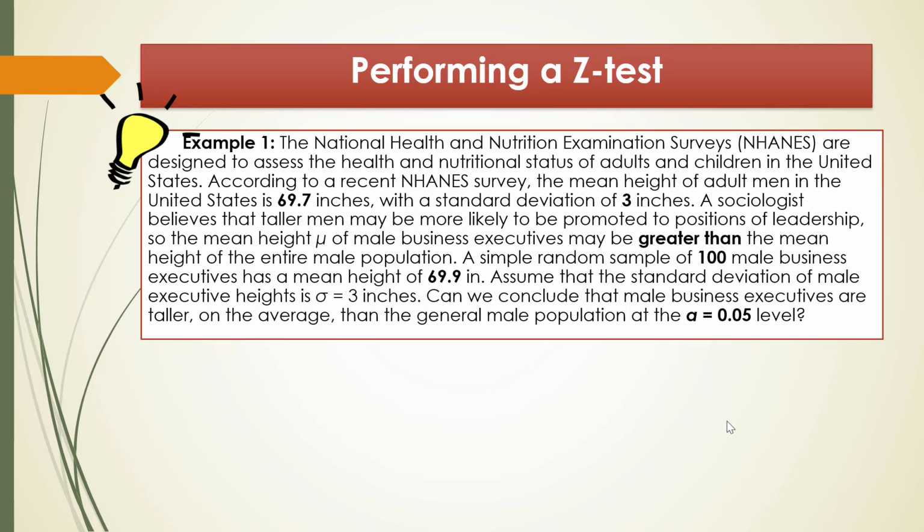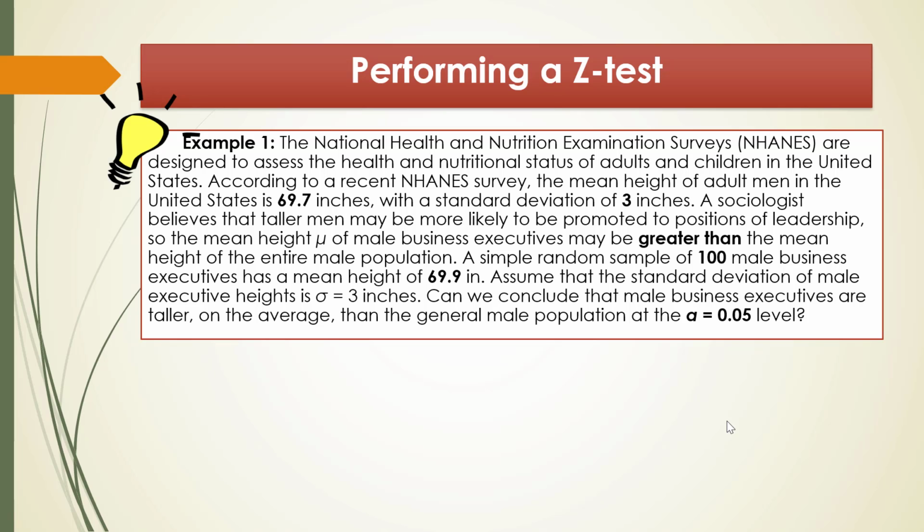So example 1: the National Health and Nutrition Examination Surveys are designed to assess the health and nutritional status of adults and children in the United States. According to a recent survey, the mean height of adult men in the United States is 69.7 inches, with a standard deviation of 3 inches.